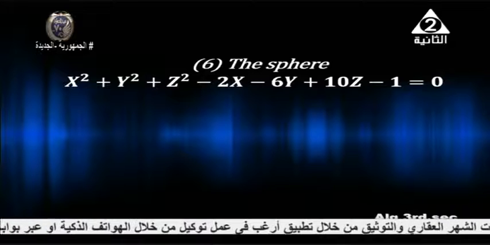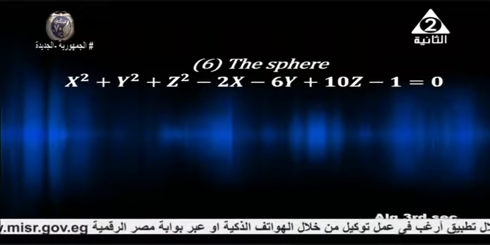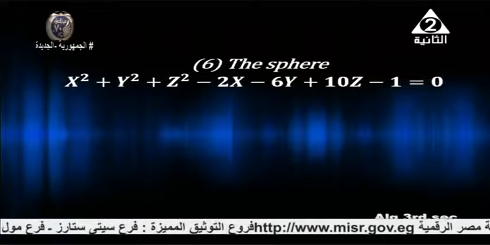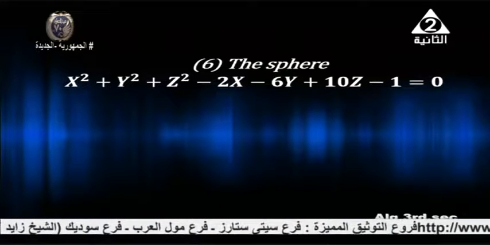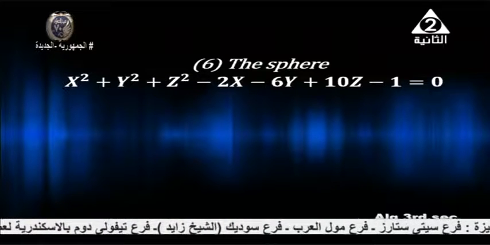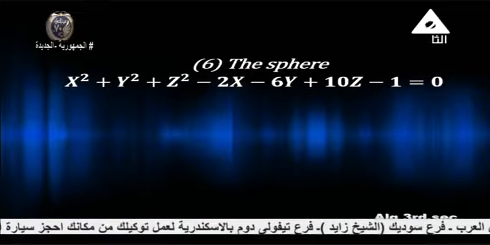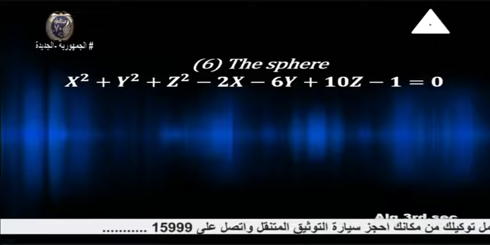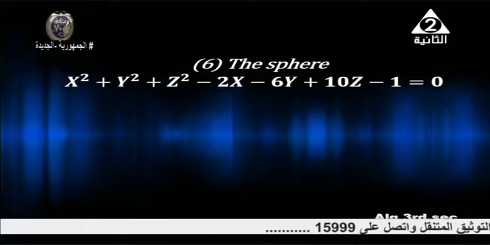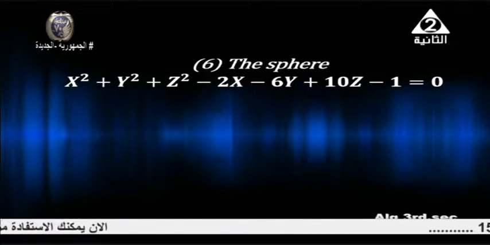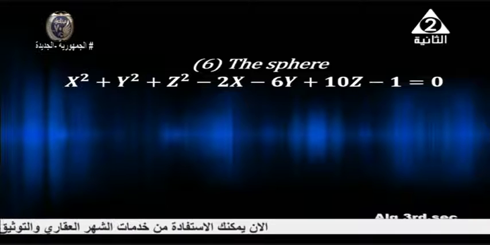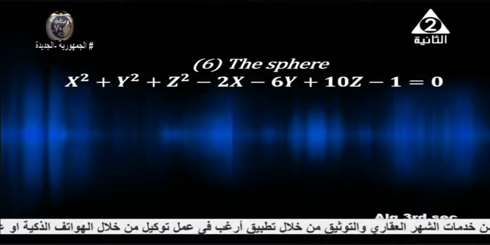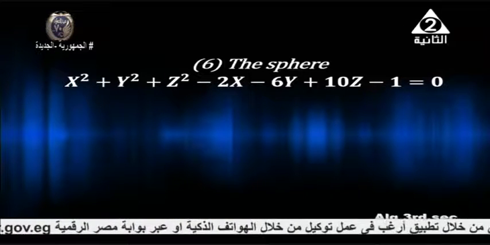To find the center of a sphere from the general equation, we divide the coefficient of x, the coefficient of y, and the coefficient of z by negative 2, or multiply each of them by negative 1 over 2. Therefore, negative 2 over negative 2 is 1, negative 6 over negative 2 is 3, 10 over negative 2 is negative 5. This is the center of the sphere.